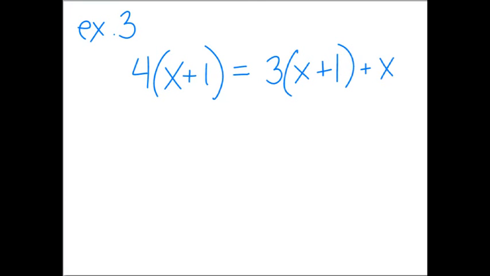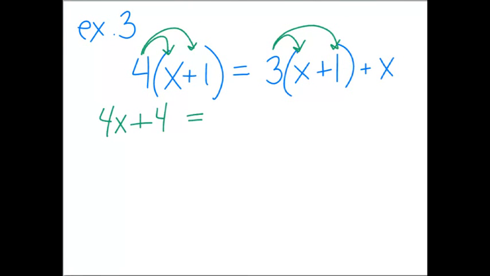So again, our first step, simplify each side. So on the left, I'm going to distribute a 4. On the right, I'll distribute a 3. I get 4x plus 4 equals 3x plus 3 plus x.